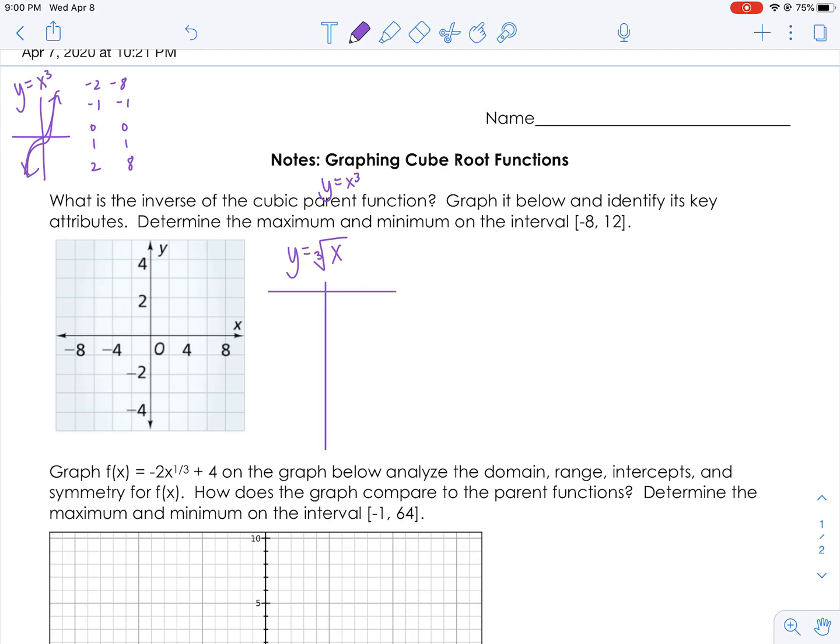So instead of -3, -27, now it's -27, -3, -8, -2, -1, -1, 0, 0, 1, 1, 8, 2, 27, 3, because it's the inverse of the cubic parent function.